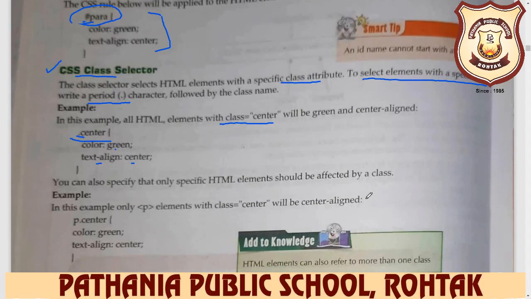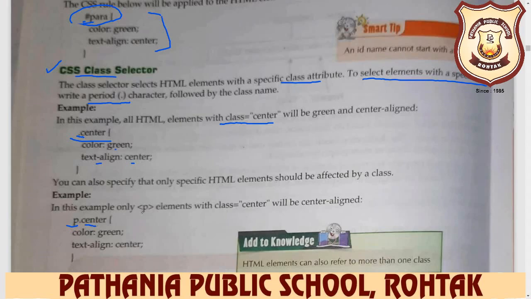If you don't want to make your complete HTML document green, you write a particular element, then you use the P. First you write the element name, then dot, and then center.